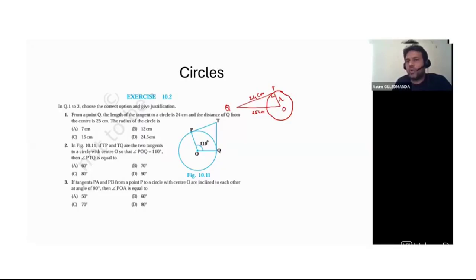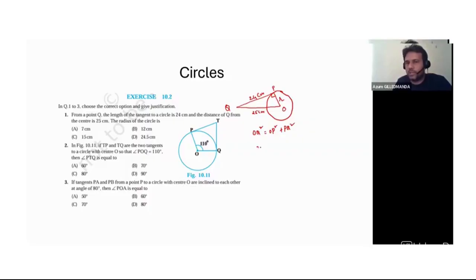So we can say OPQ is a right angle triangle, right? So can I write that the hypotenuse OQ square equals OP square plus PQ square? I know OQ, that is hypotenuse, 25. I know PQ, the length of the tangent, that is 24. And I also know OP, which is the radius, which we need to find.